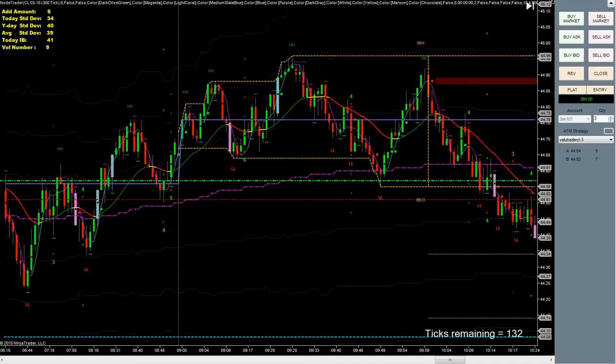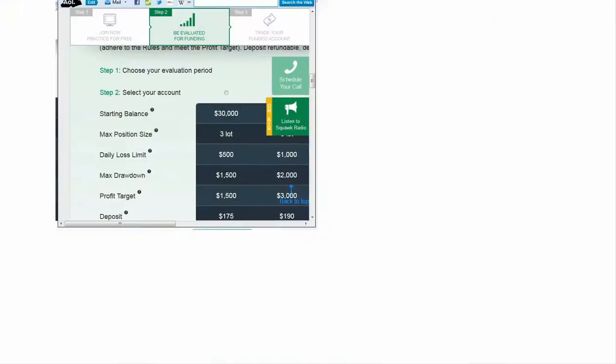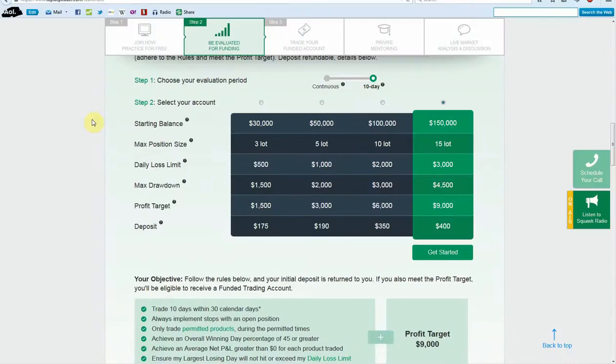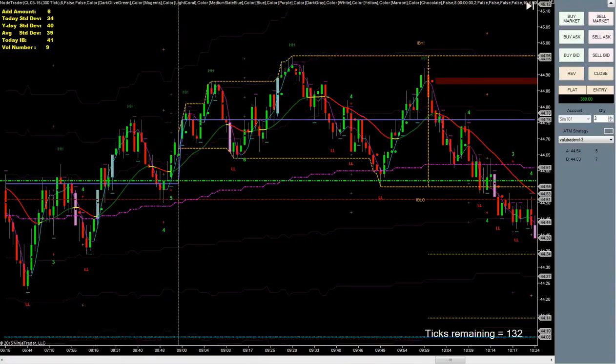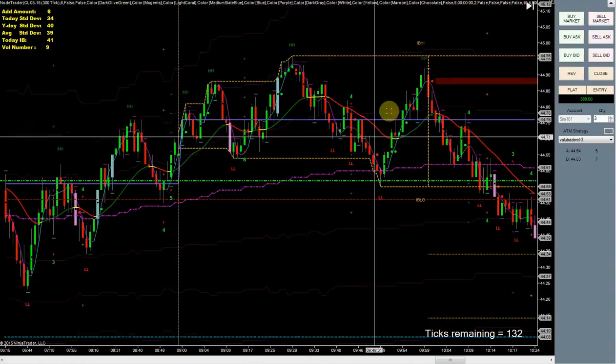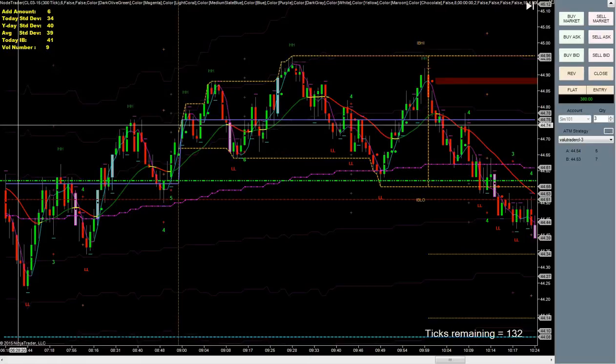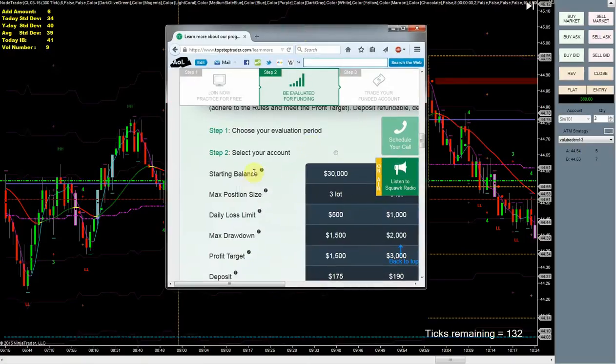The difference is with Top Step Trader, I'm not actually risking any of my own money. So obviously there's a benefit there, but I still do plan in the future on trading my own funds. That is definitely a goal. I do plan on saving up the money that I make with Top Step Trader.